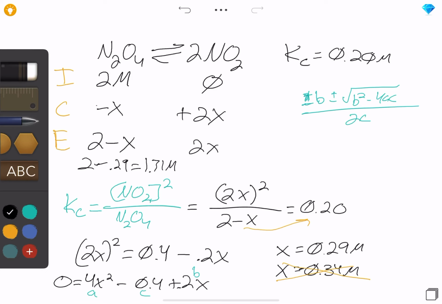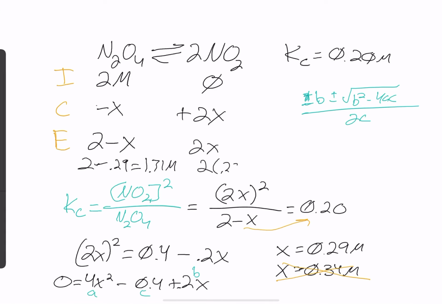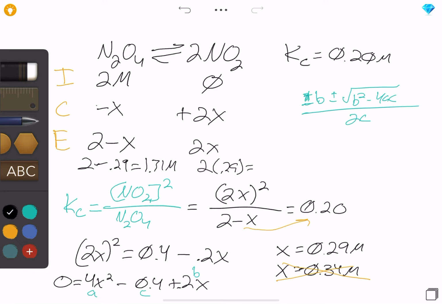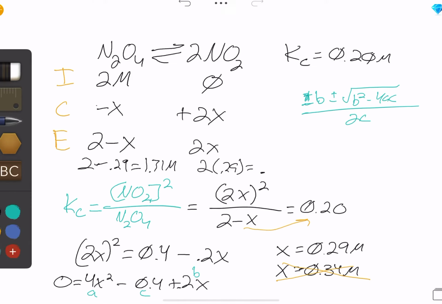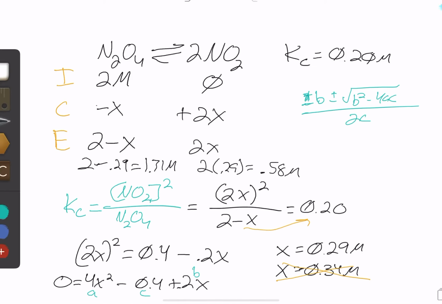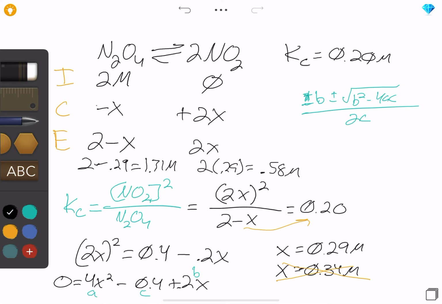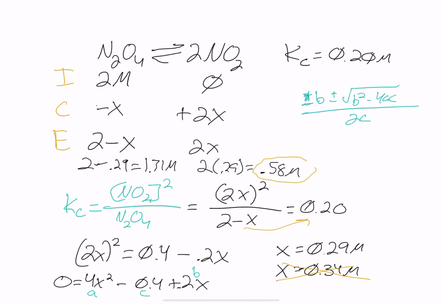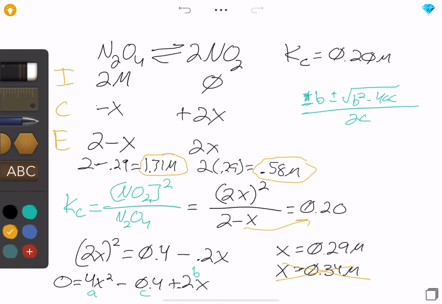Here we have 2x, so 2 times 0.29 is equal to, let's see, 0.3 times 2 is 0.6, so it'll be 0.58 molar. And these are our final concentrations. So at equilibrium, you would end up with 1.71 molar N2O4 and 0.58 molar NO2.